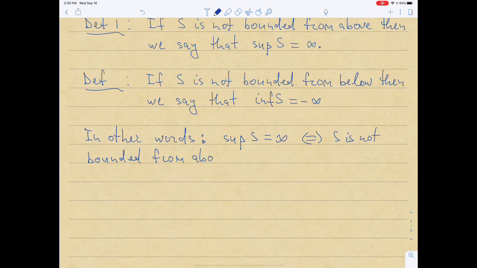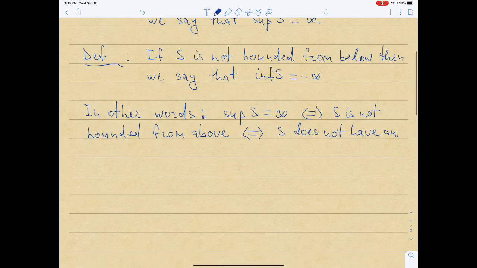Now, what does it mean? The set is not bounded from above. It means that S does not have an upper bound. That's what it means not to be bounded from above.